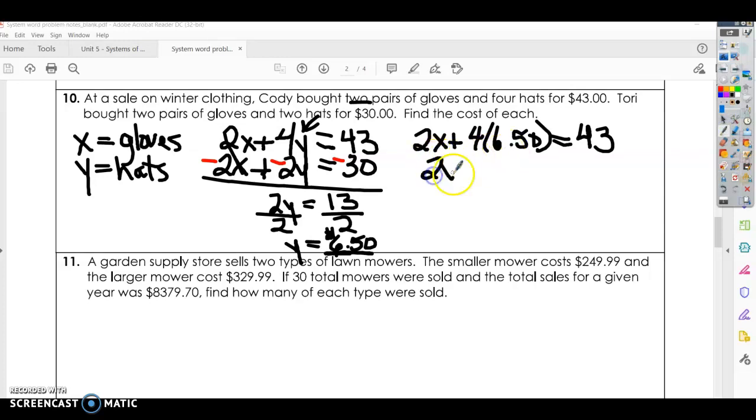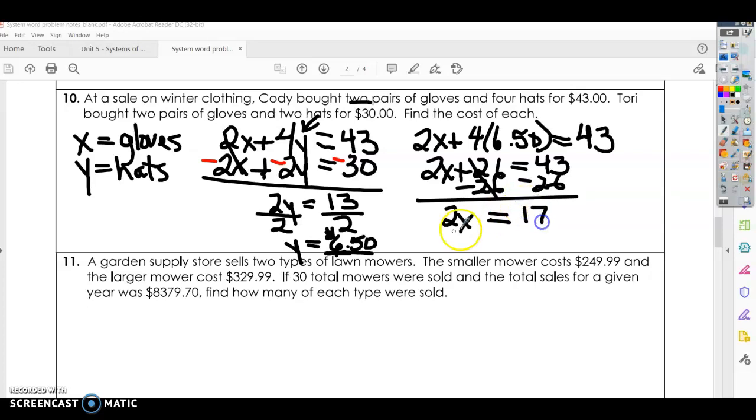So I'm going to have 2x come down. This is going to be 26 equals 43. Subtract 26. Bring down my 2x. And 43 minus 26 is 17. Divide by 2. And x is $8.50.